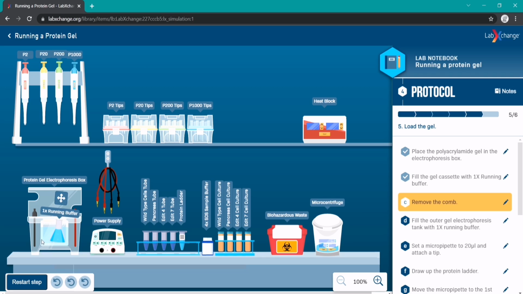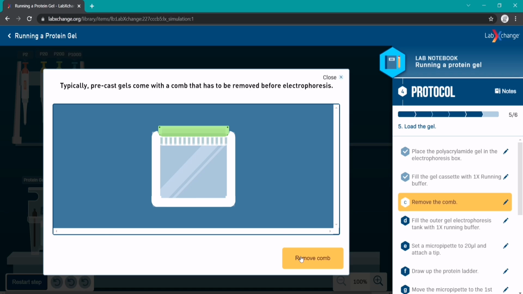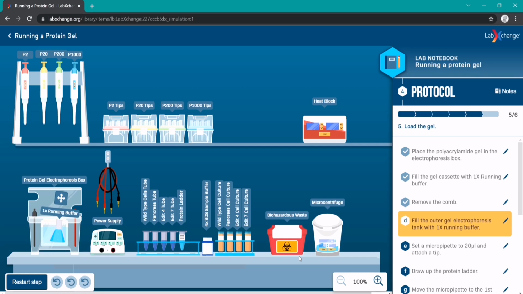Now, remove the comb. Fill the outer gel electrophoresis tank with 1x running buffer.